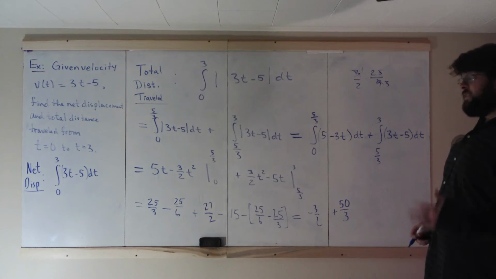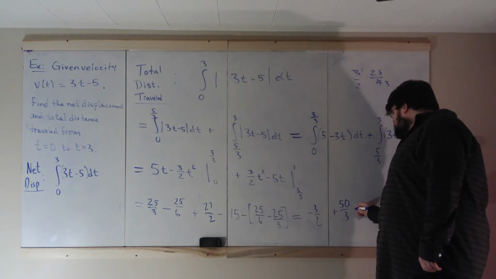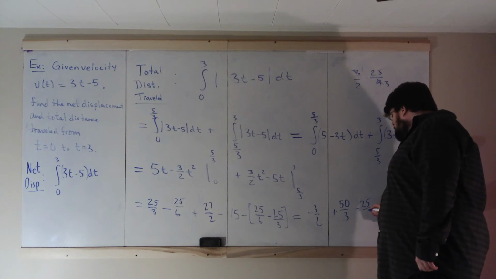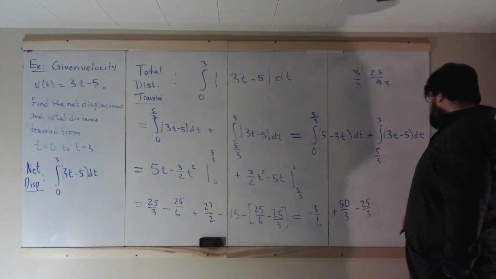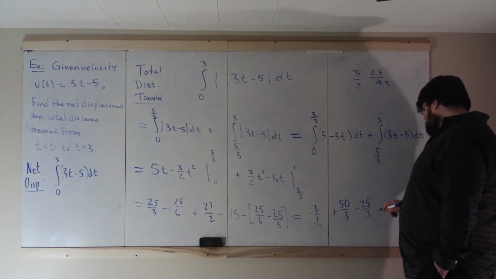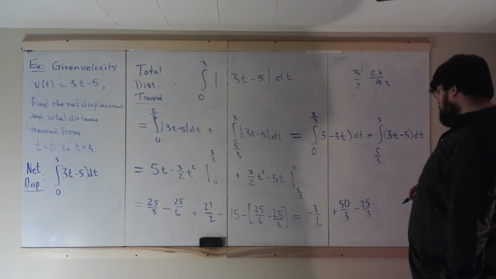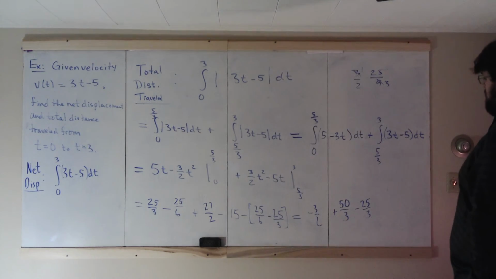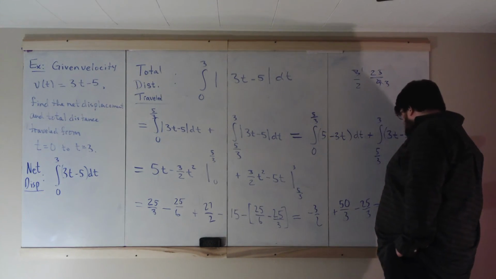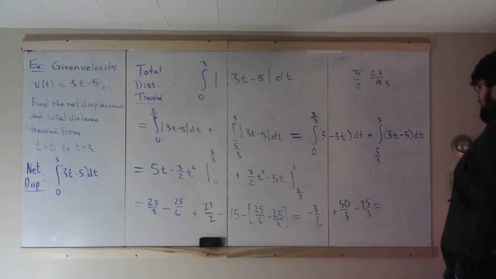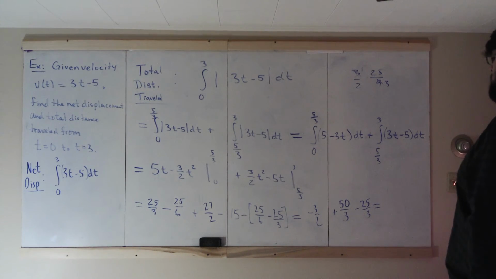Negative 50 sixths, so negative 25 thirds. Did I do something wrong? Let me just make sure I didn't do anything wrong. Yeah, okay, that's good.